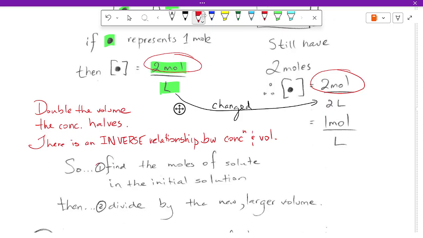So number 1, what we're going to do is find the moles. So in any dilution problem, if you don't know what else to do, you're going to find the moles. Okay?